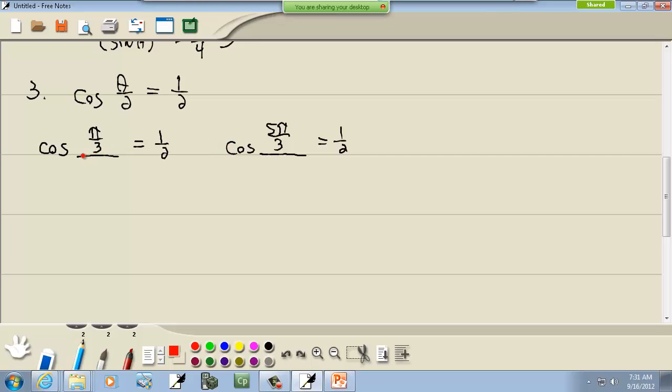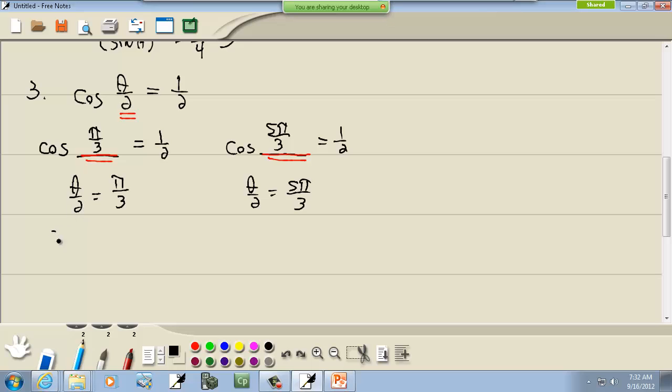After you come up with these, you then set this value right here equal to that value. So we have theta over 2 is equal to pi over 3. And we have theta over 2 is equal to 5 pi over 3. Now we want to solve these.